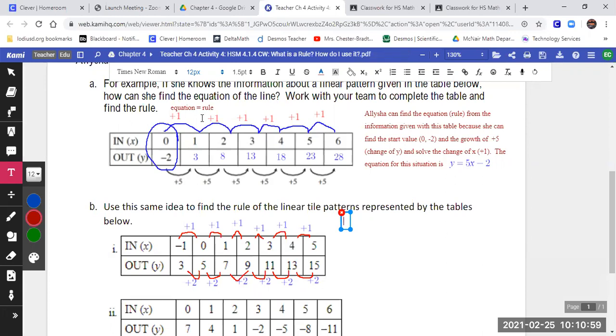What piece of our rule? The growth. Okay, so growth, which is the m, which is change of y divided by change of x.